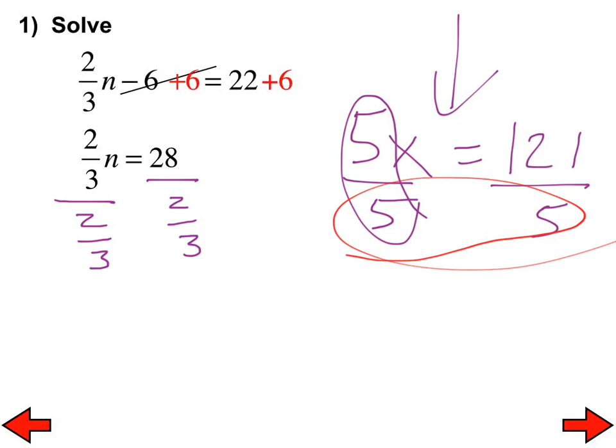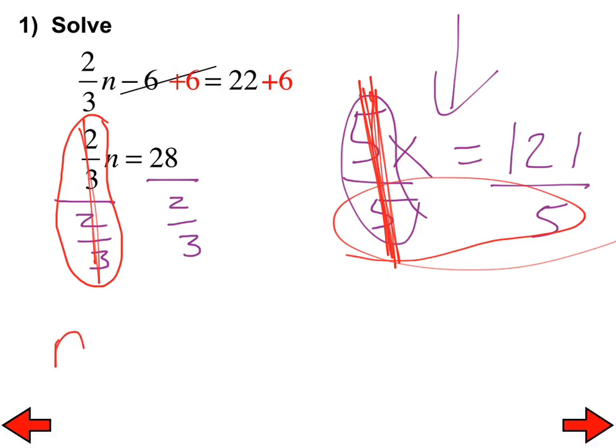In 2/3 n equals 28, I divided both sides by 2/3. Over here, we divided both sides by 5 so that I made 1 right there. 5 divided by 5 is 1. Well, over here, what's 2/3 divided by 2/3? It's 1. Anytime you divide a number by itself, you end up with 1. So we end up with n, or 1n, on the left-hand side.